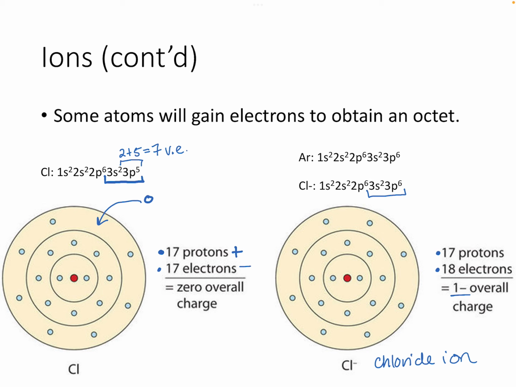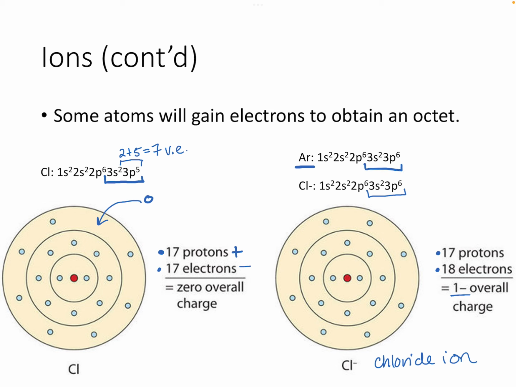Now we talked about isoelectronic species, right? So now that chlorine has that extra electron, it is isoelectronic with the noble gas argon. So argon also ends in 3s2, 3p6.